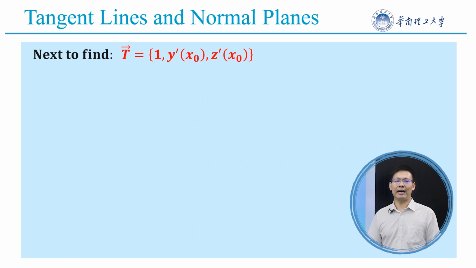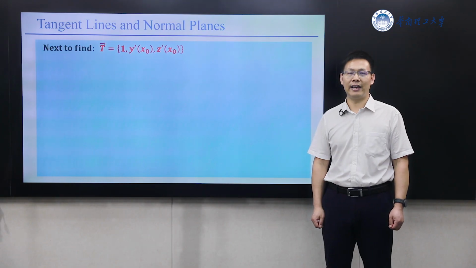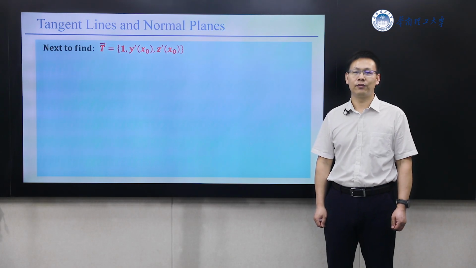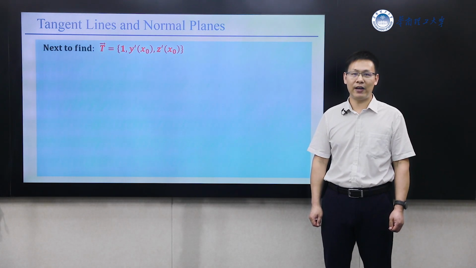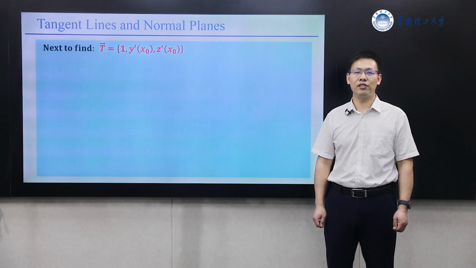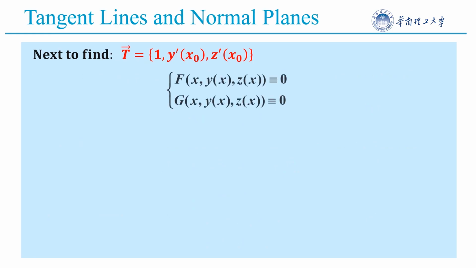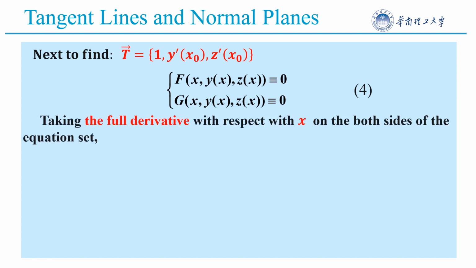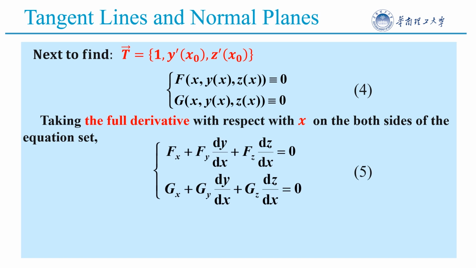So we need to calculate the derivatives of y and z with respect to x at point x0. Since the implicit functions y(x) and z(x) are determined by equations 1, substituting them into equations 1 gives the following expressions. Taking the full derivative with respect to x on both sides of equation 4, we have the following equations.